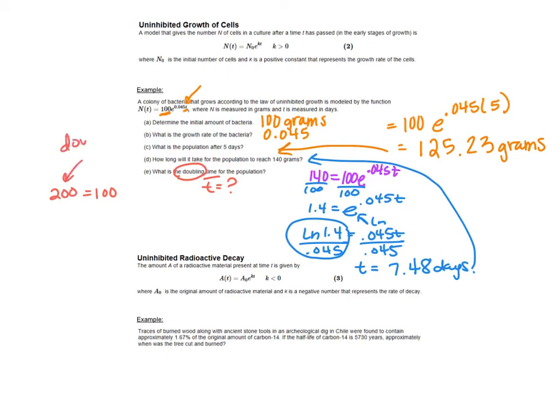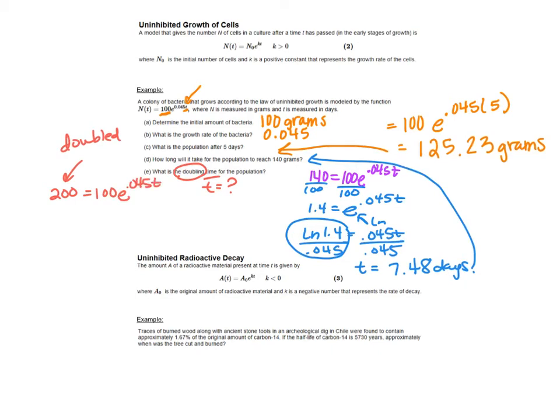They might not give me the number to plug in. They might tell me it's doubled, tripled, quadrupled, or half. So I can plug in just by looking at what the initial is. It's doubled, so I can now plug in a 200 there: 200 = 100e^(0.045t).